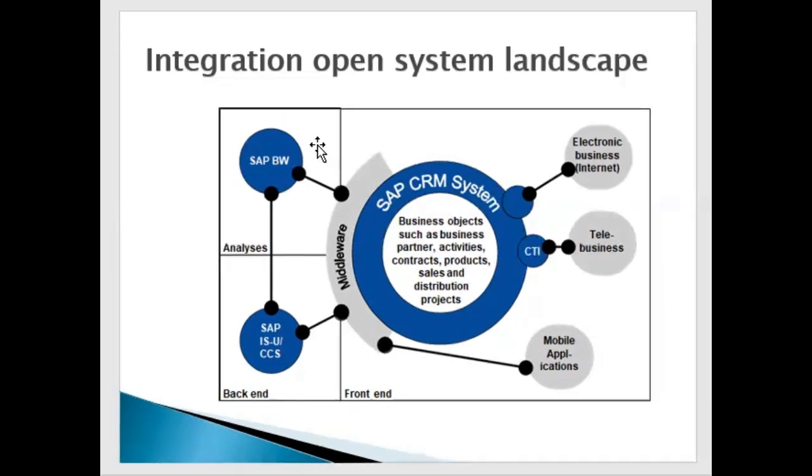So here, if we create a landscape for this, there is a server for ISU, a middleware server, a CRM server, and a BW server. So you can see at least 4 servers are required to create this, okay? And again, external systems are integrated to the CRM system. So 4 servers for each of the segments, like for development, for quality, and for pre-prod or production. So there would be 12 servers.